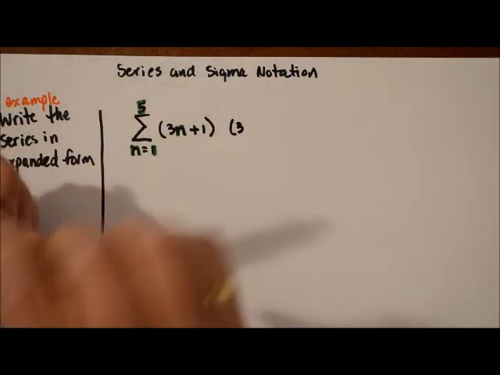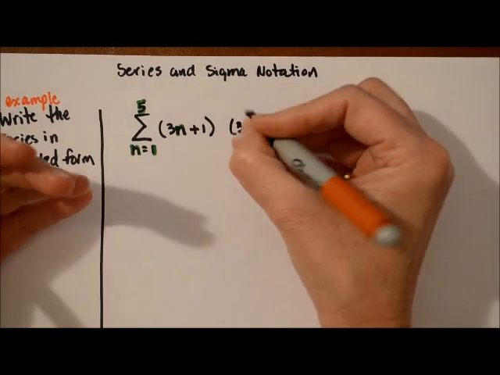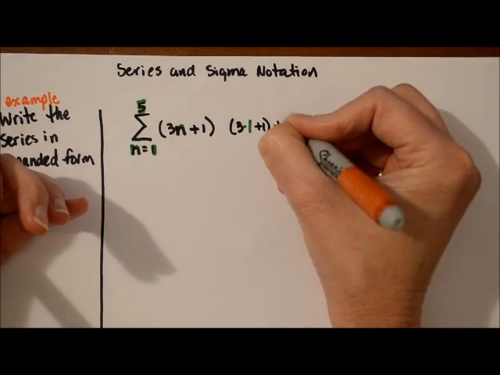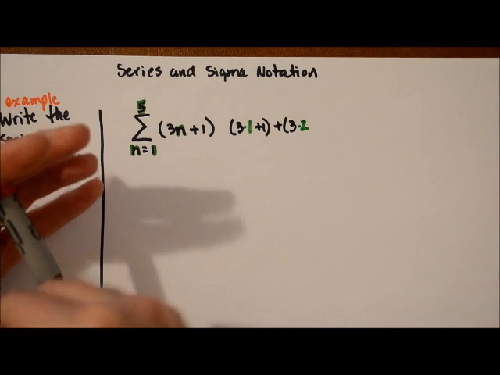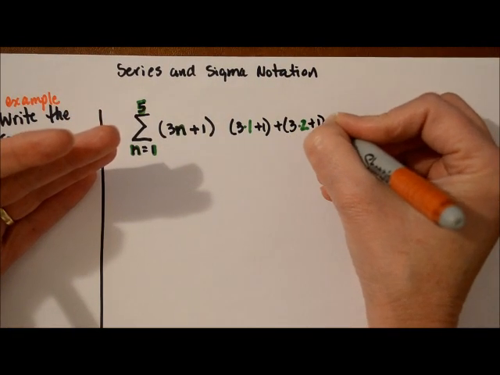3 times 1 plus 1 plus 3 times 2 plus 1. Don't forget PEMDAS in there.